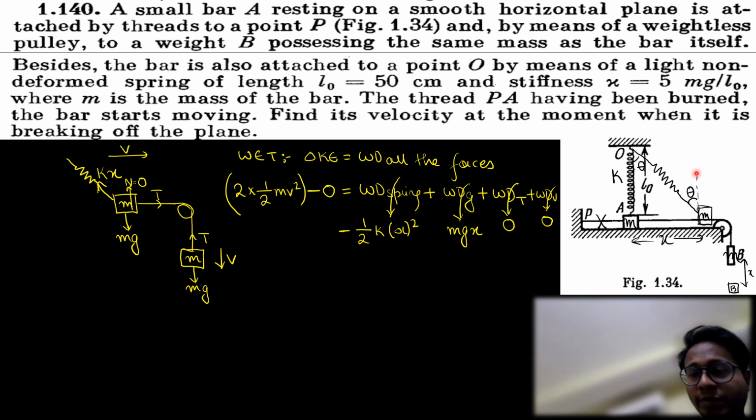And let's draw the spring force. So the upward force out here is spring force. The component of spring force in the upward direction is K into delta L cos theta. The horizontal component of spring force would be K into delta L sin theta.